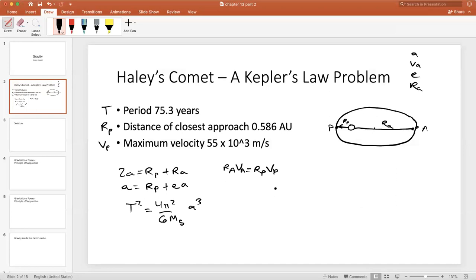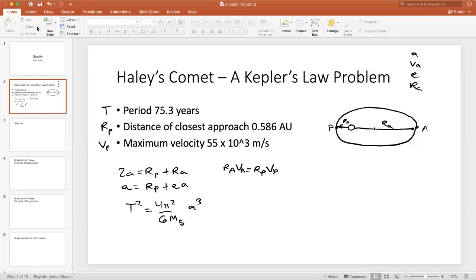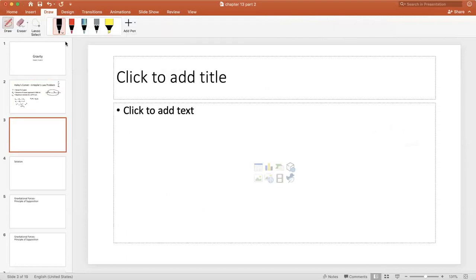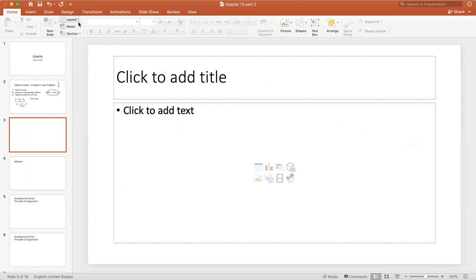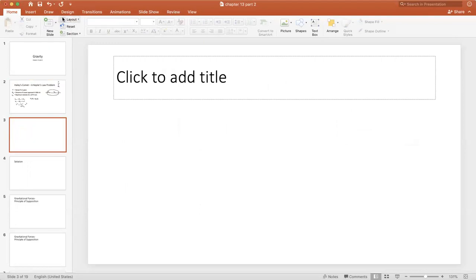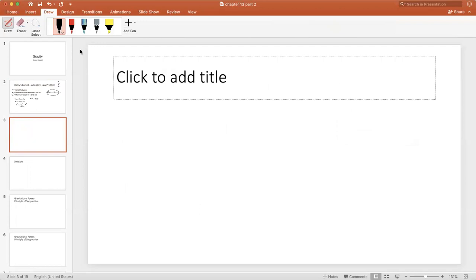Actually, we need to find A first. From this equation, remember that if we are in our solar system, as long as T is in Earth years and A is in AU, we don't have to use that extra stuff.